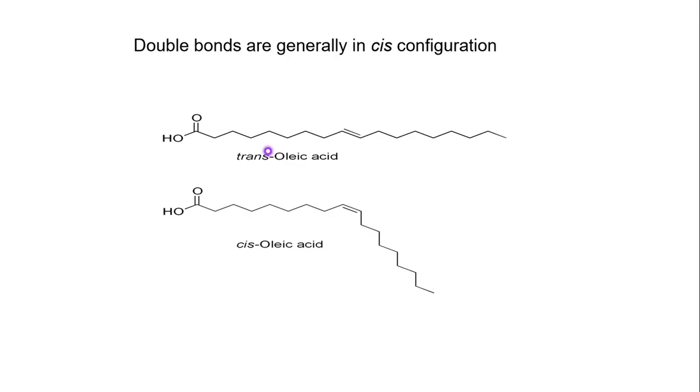Now this one contains trans. Trans means the hydrogens are on opposite sides. We are having a hydrogen here and another hydrogen here. Looking at this one, the hydrogens are on the same plane or the same side. So it causes this whole long chain fatty acid to bend, or there is a kink at this portion of the chain. And if there is a kink, it causes the molecule to change its path.